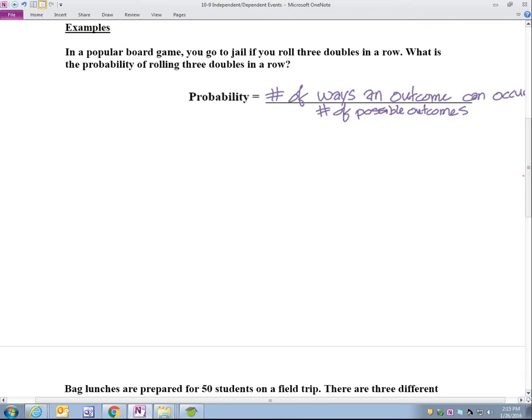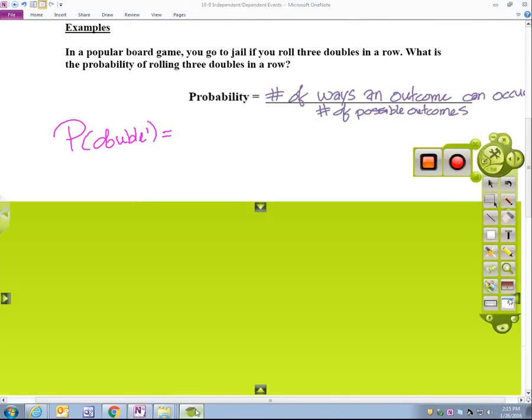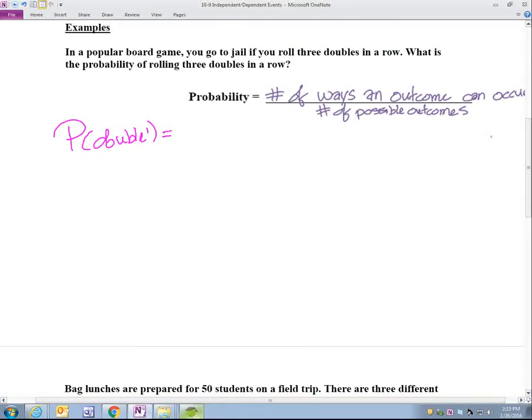But this is independent. So let's do the probability of rolling a double. I'm going to call it double 1. So what is the probability of rolling a double?